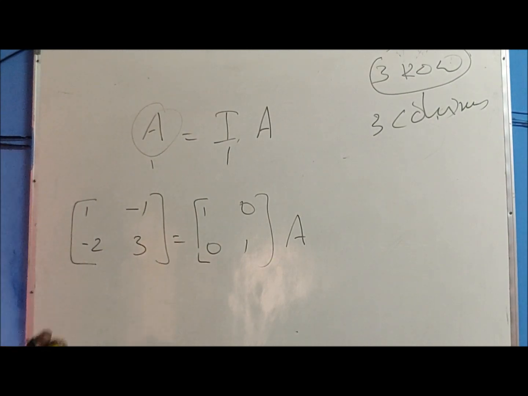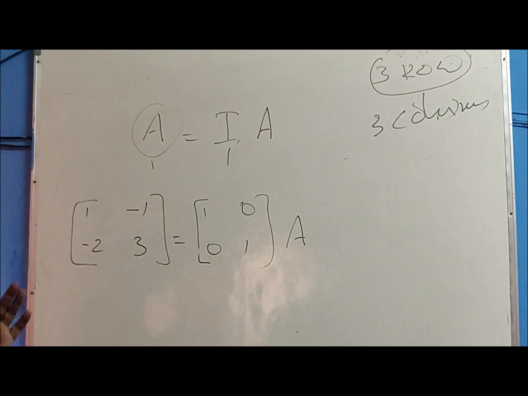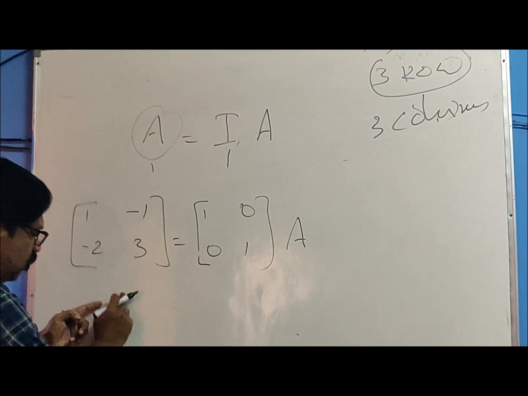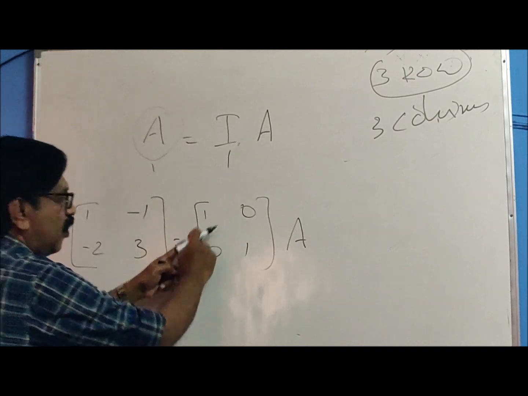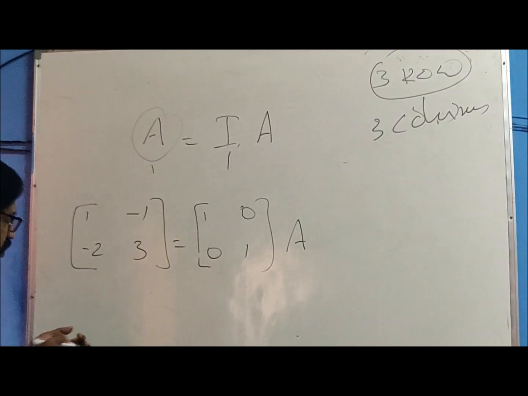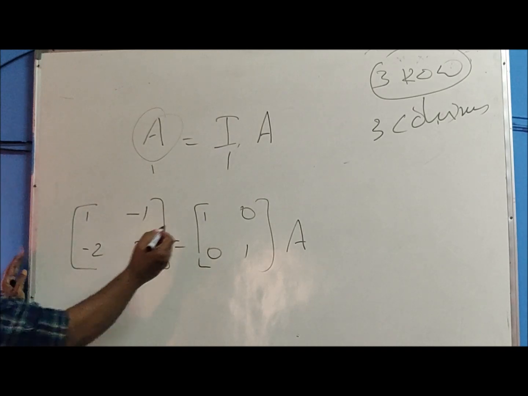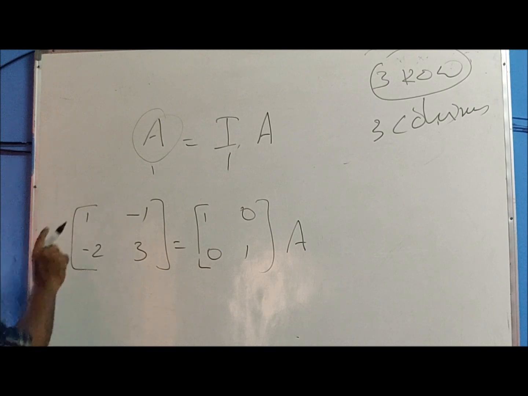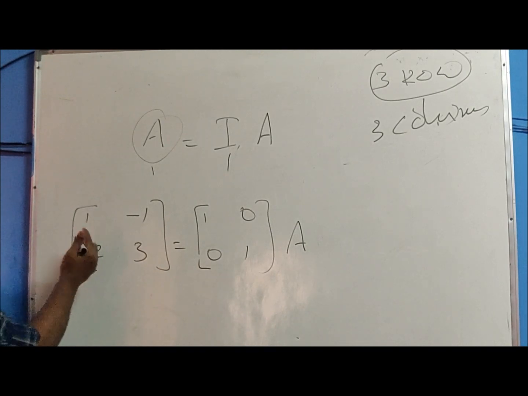Now what is the method told? We will apply some elementary transformations on this side to bring this matrix into the identity matrix, and whatever operations we are doing, we will do here also. Here already is the identity matrix. We have to bring it in that way. Therefore, here already 1, no issue. Now what is the next step?